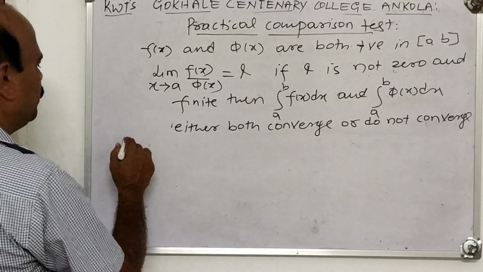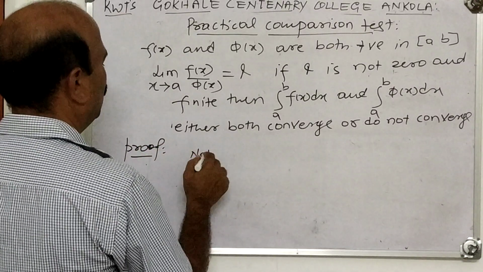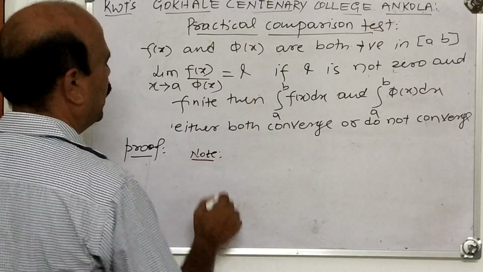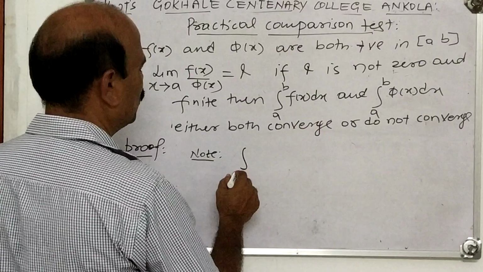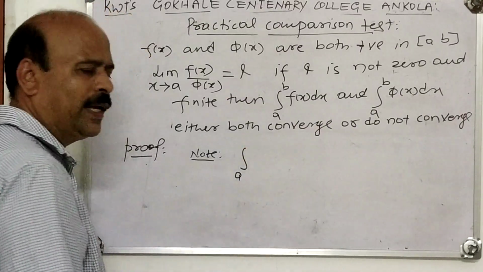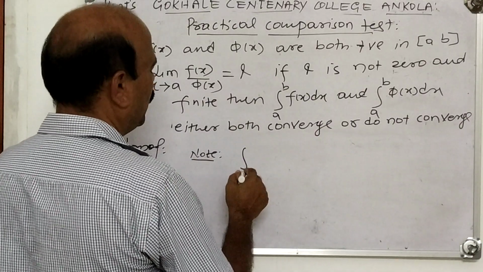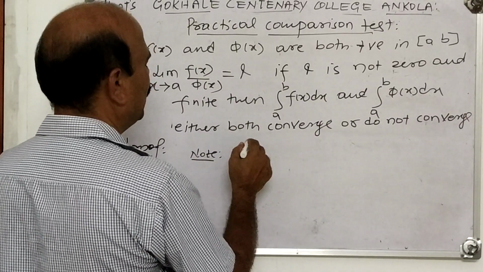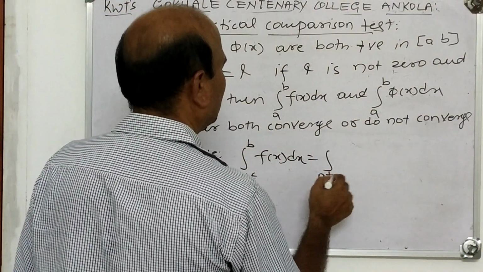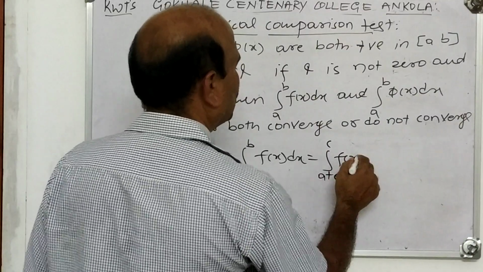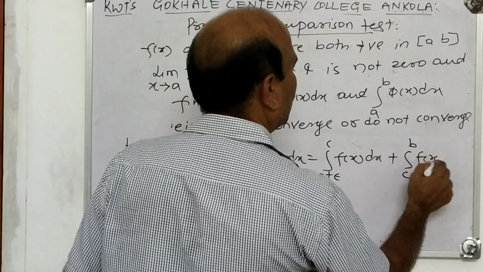How to prove this one? Proof of this. To prove this, I explain one important thing here. Suppose a is the only point of infinite discontinuity of f(x) dx, then we write the integral from a+ε to b of f(x) dx as the integral from a+ε to c plus the integral from c to b.